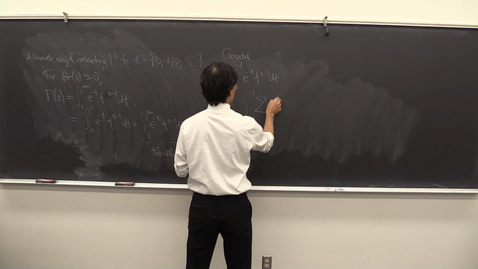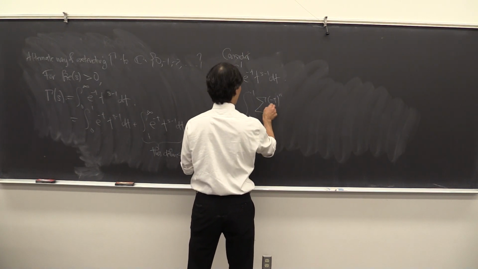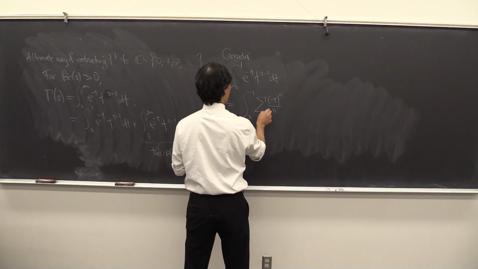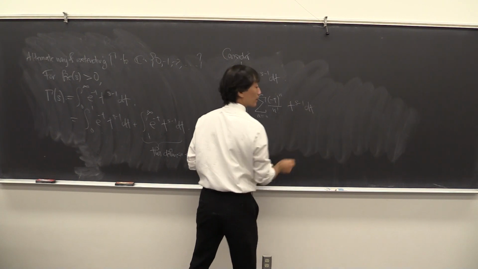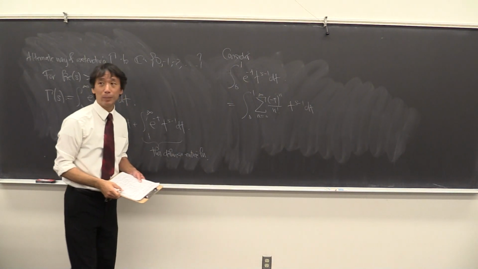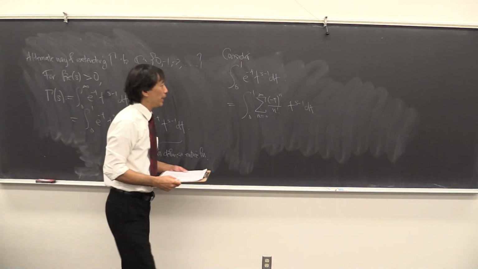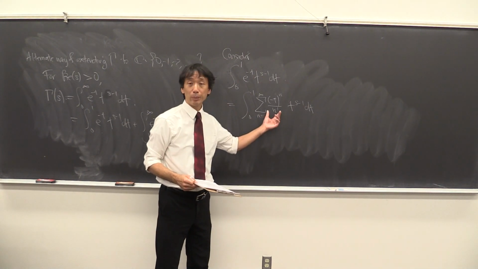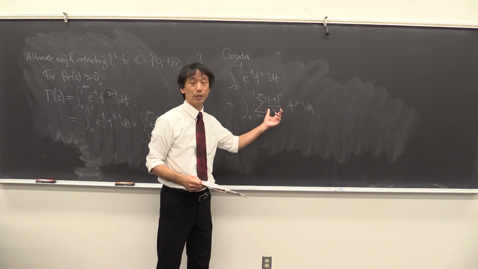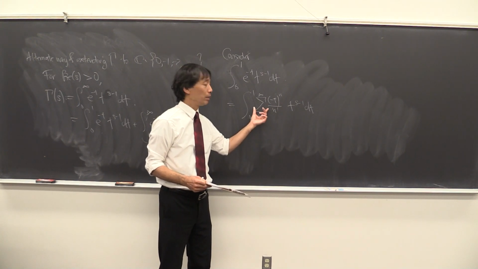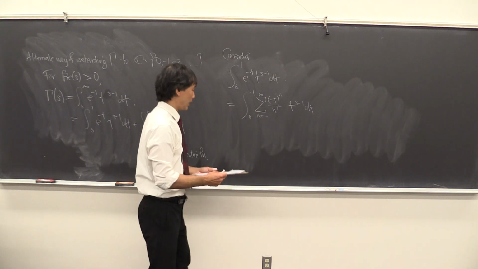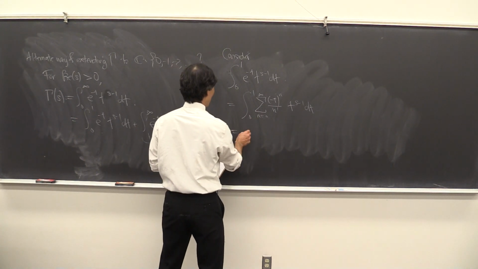So you get negative t to the n over n factorial, from 0 to infinity, times t to the s minus 1 dt. So you just use the power series expansion. The good thing is that this power series expansion converges uniformly everywhere, and so we can pull the sum out.